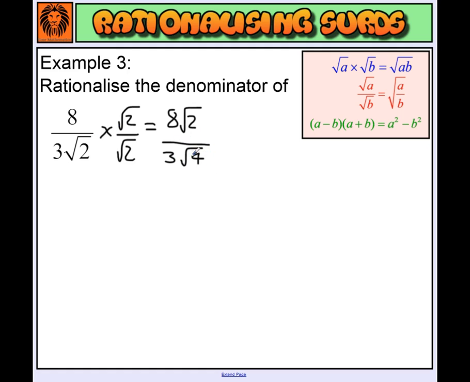Now we can simplify root 4 to give us 2, so this is the same as saying 8 root 2 over 6. Again, we can simplify this even further by taking out a factor of 2, because they're both even. So we're going to have 4 root 2 divided by 3. This is our answer, as we can't simplify this any further.